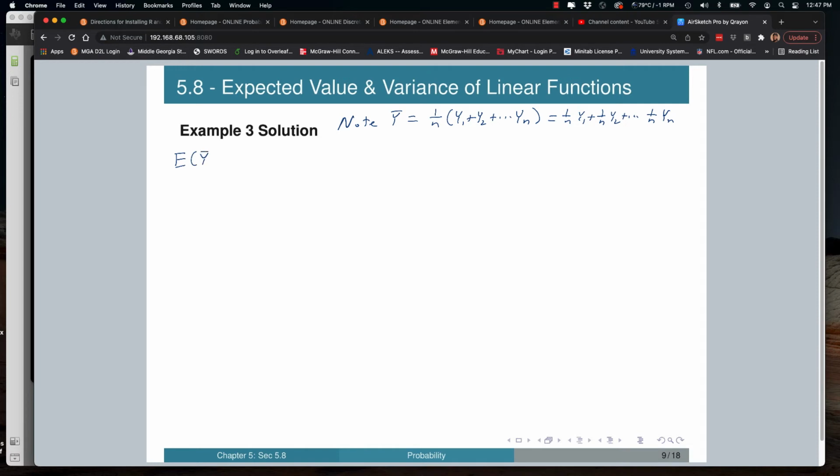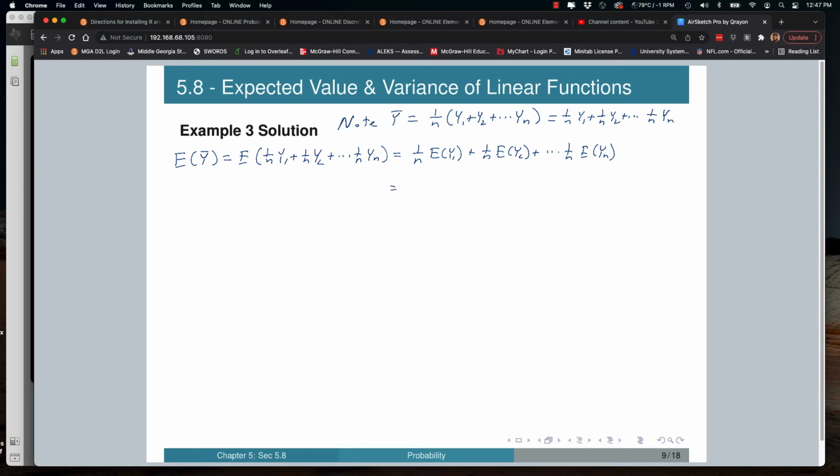So the expected value of y bar is just equal to the expected value of that last thing I wrote above: 1 over n y sub 1 plus 1 over n y sub 2 plus ... 1 over n y sub n. If we expand that expected value, we can pull the constant out in front of each one, so we get 1 over n times the expected value of y sub 1 plus 1 over n times the expected value of y sub 2 plus ... 1 over n times the expected value of whatever the y sub n random variable happens to be.